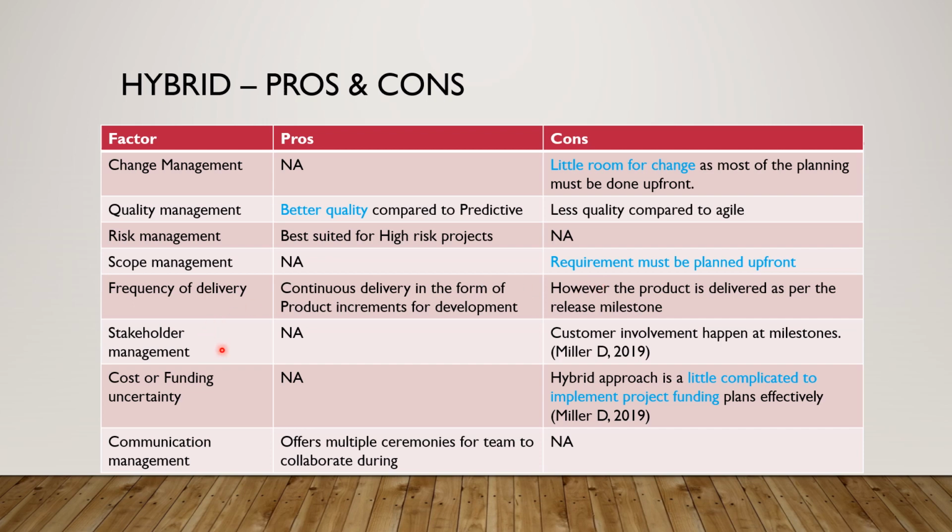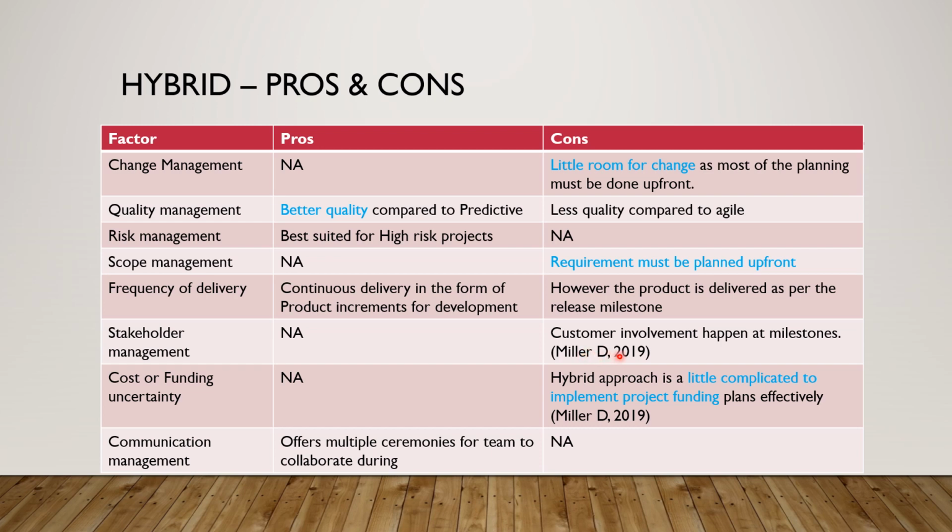Next is stakeholder management or customer engagement. Our current project has uncertainty, so there is a need for frequent customer collaboration so that the requirements can get clarified and the project can be delivered with the highest possible value and satisfaction.